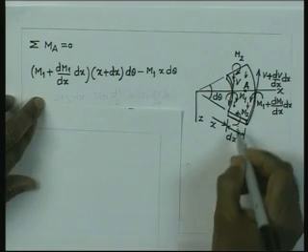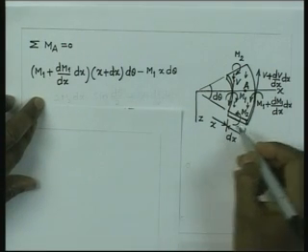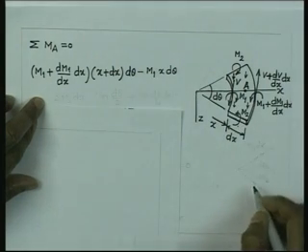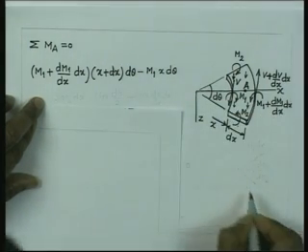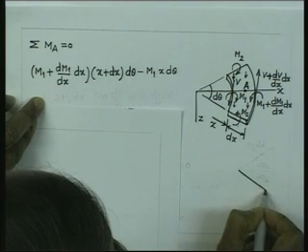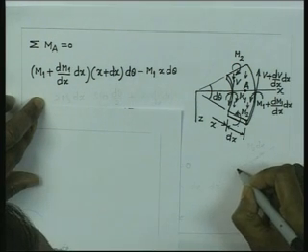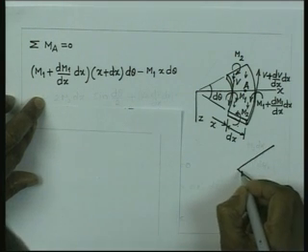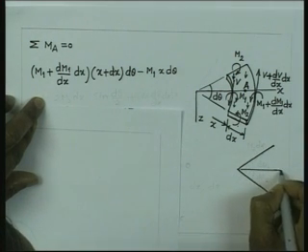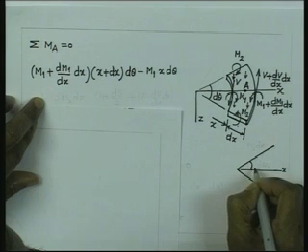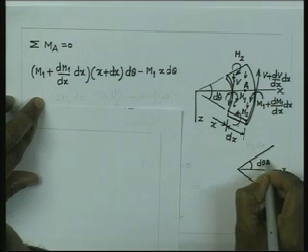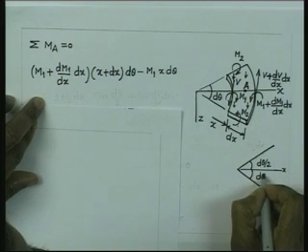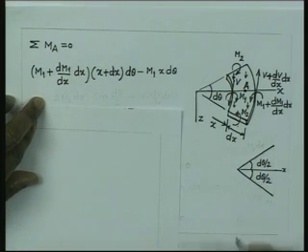Then we have this m2, if I show it as a vector. So, this vector, if I consider this face, it is like this, and the other face is exactly oriented like this, and this is my x direction. This angle is d theta by 2, this is also d theta by 2.